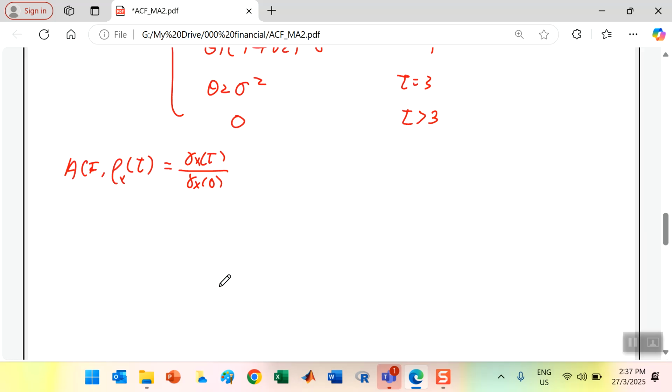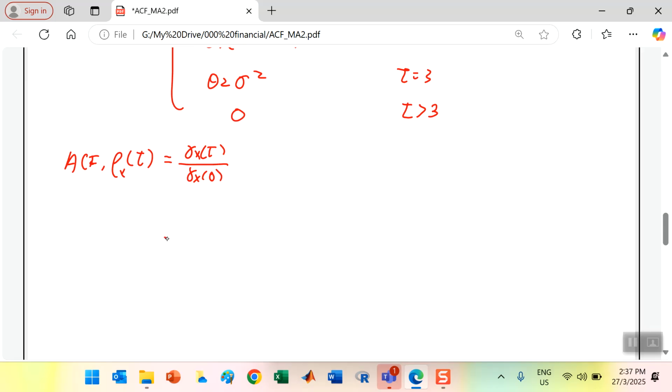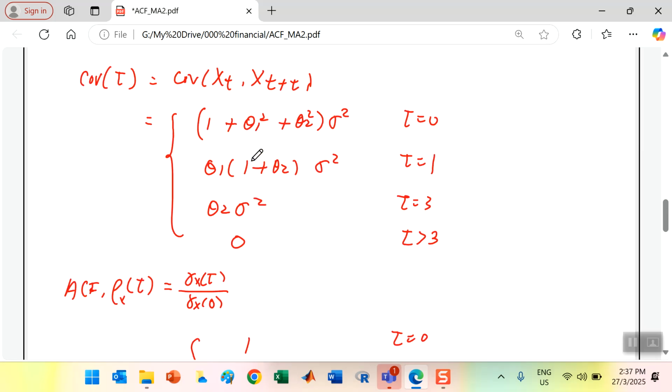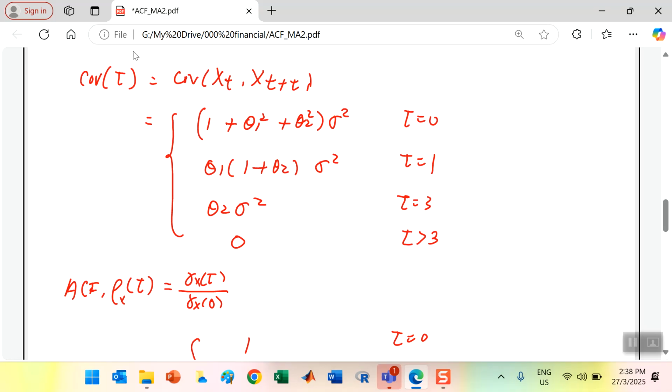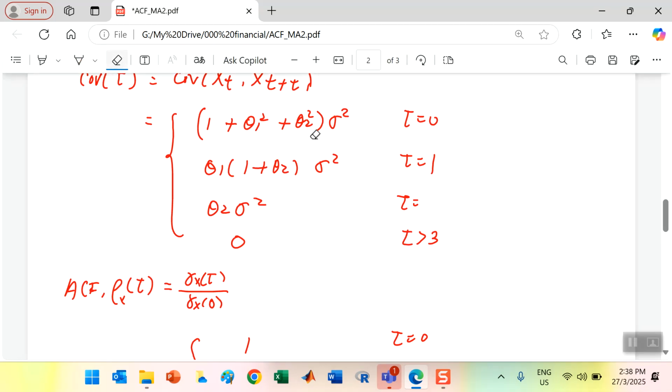Therefore the first term for ACF is always 1, so this is tau equal to 0. When tau is 1, that means this value over this value. You cancel the sigma square, and you end up with theta 1 (1 + theta 2) over (1 + theta 1 square + theta 2 square). This is lag 1.